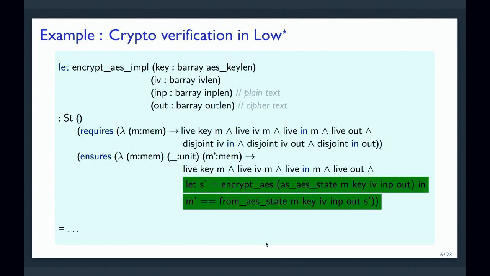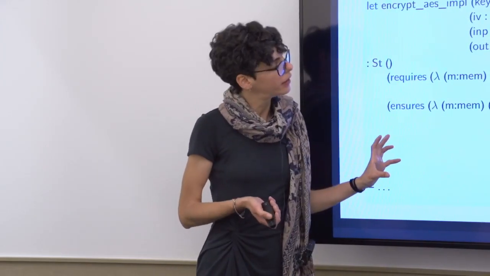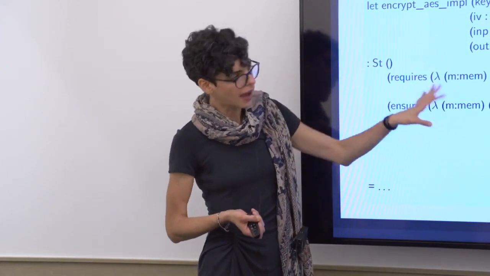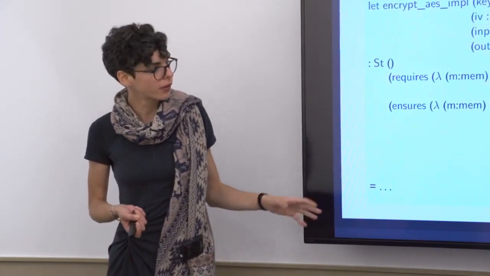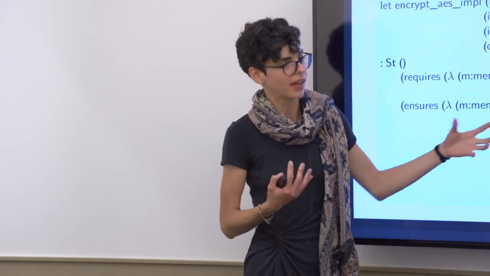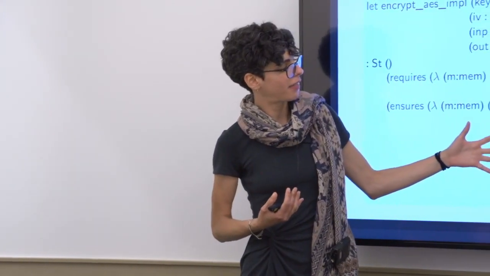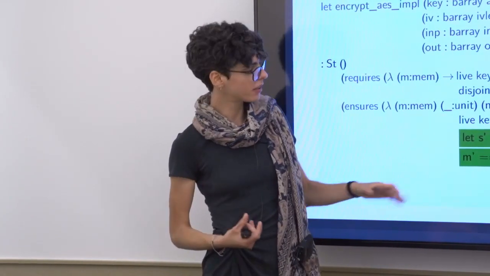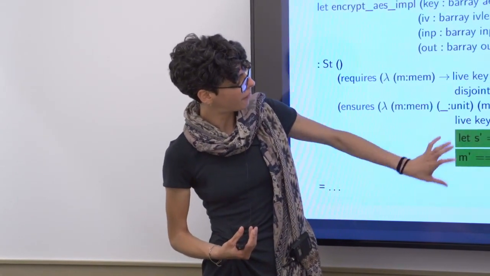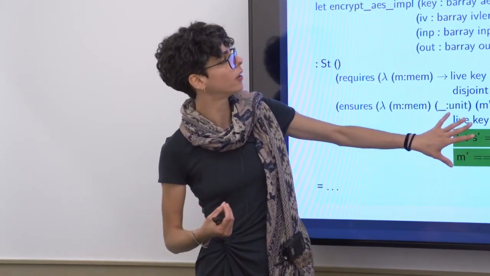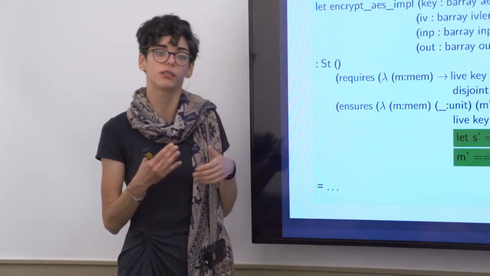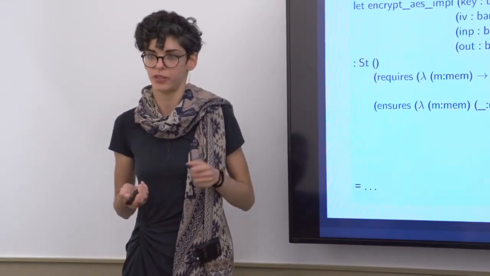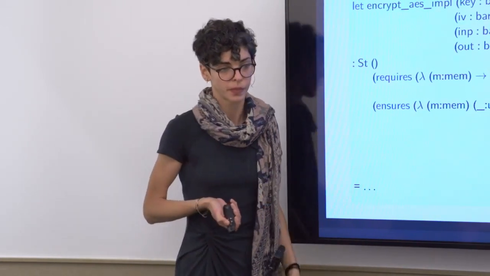So in particular, the specification of the low-level code will be as boilerplate as it was before, but here, instead of having the actual thing that we want to prove about this implementation, it will ensure that the low level implements the high level code, which in turn is proved correct with respect to the specification.